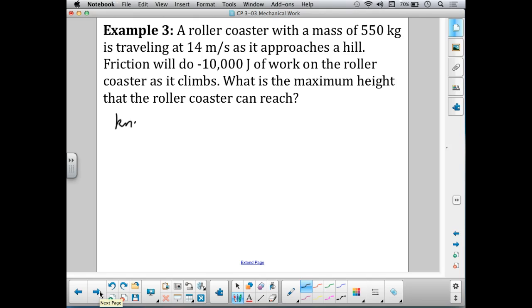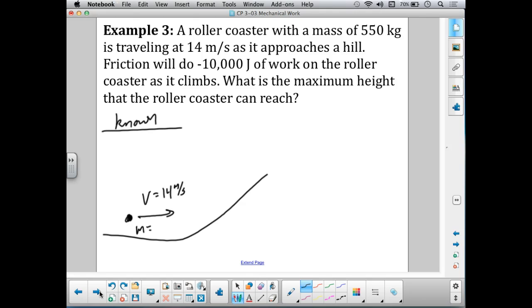Step 1, always, write your notes. In this case, I'm going to want to draw a diagram of my roller coaster. I have a roller coaster approaching some hill. That roller coaster I know is moving, and it has a velocity of 14 meters per second.